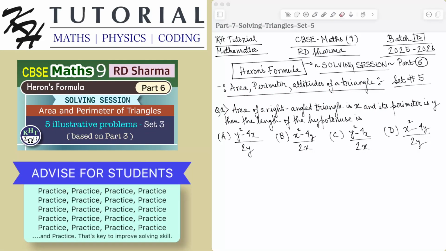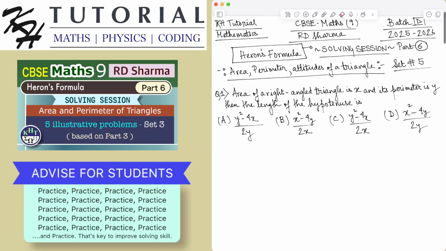Okay, so the first problem says that the area of a right angled triangle is x and its perimeter is y. Then the length of the hypotenuse is? Let's say this is the right angle triangle ABC.